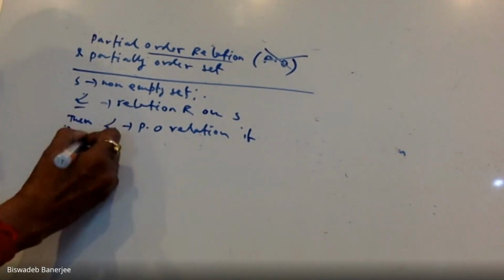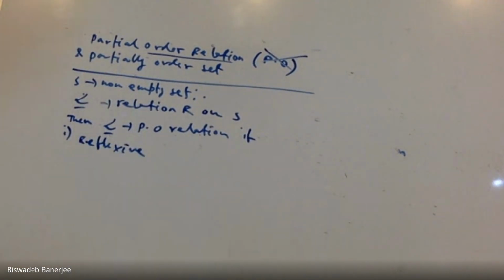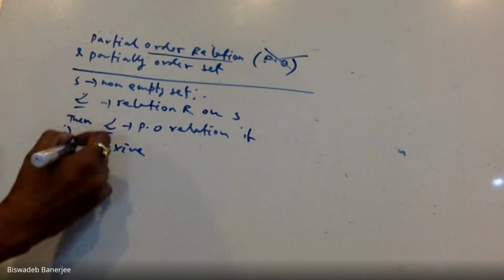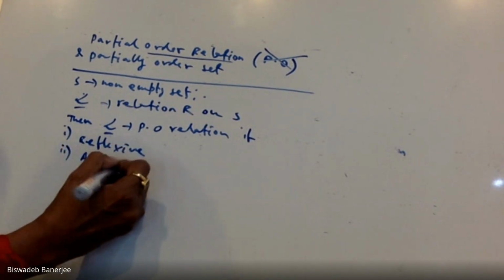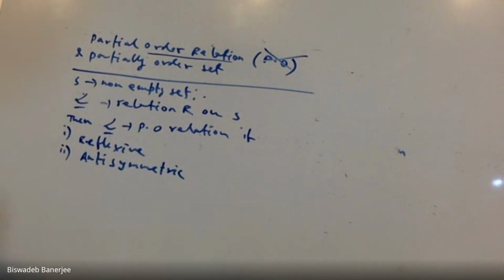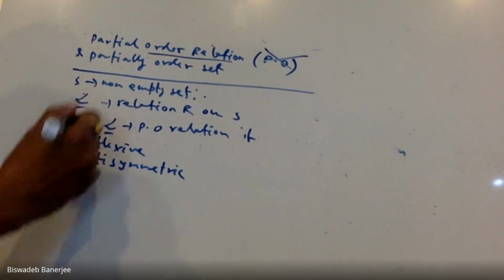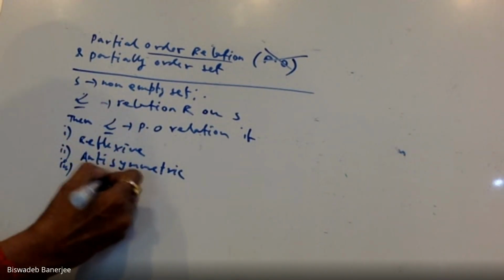Number one, reflexive property. We know how to check reflexive. Nothing is different here. But only one change has been made, which is that the second property should be anti-symmetric, and we already know how to check anti-symmetric. That is why I'm saying it is not a new thing. Number three, transitive.